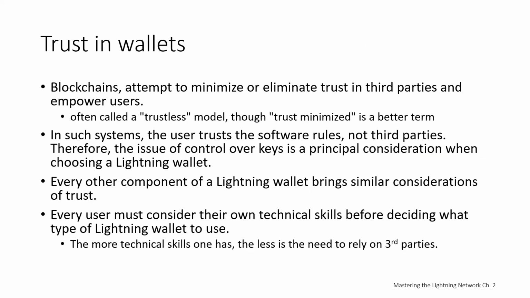Blockchains, especially open blockchains like Bitcoin, attempt to minimize or eliminate trust in third parties and empower the users. This is often called a trustless model, although trust-minimized may be a better term. In such systems, the user trusts the software protocol, not the third parties. Therefore, the issue of control over keys is a principal consideration when choosing a Lightning wallet.